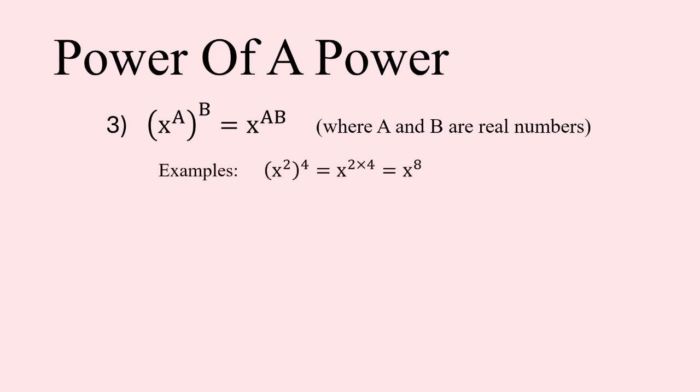For example, x squared to the power of 4 is equal to x to the power of 2 times 4, which equals x to the power of 8. a to the power of 5 to the power of 3 is equal to a to the power of 5 times 3, which equals a to the power of 15. n to the power of 4 to the power of 7 is equal to n to the power of 4 times 7, which equals n to the power of 28.